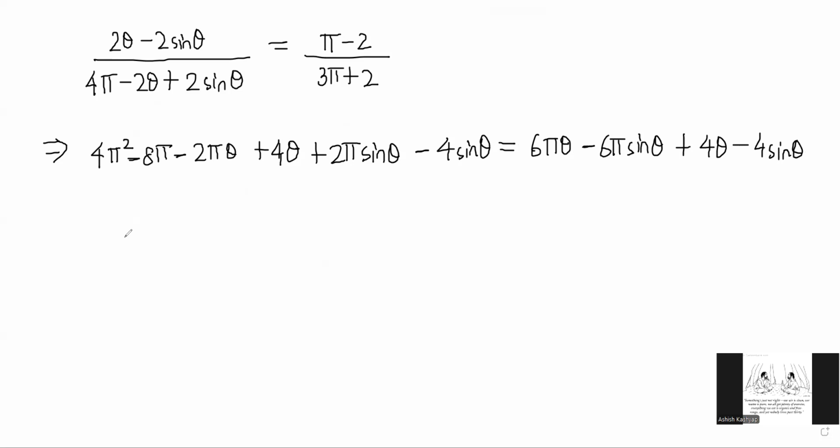A lot of terms will get cancelled and you will end up with 8 pi theta plus 8 pi minus 4 pi square is equal to 8 pi sine theta.